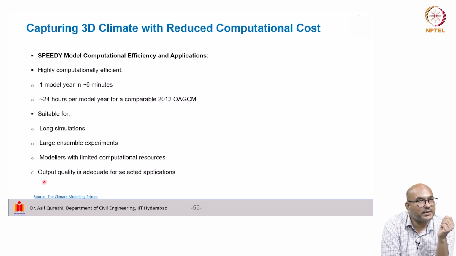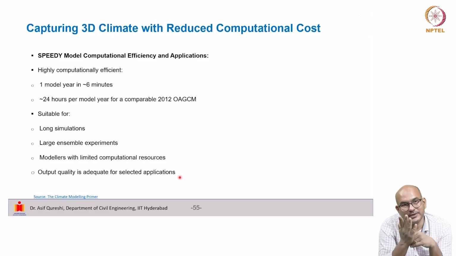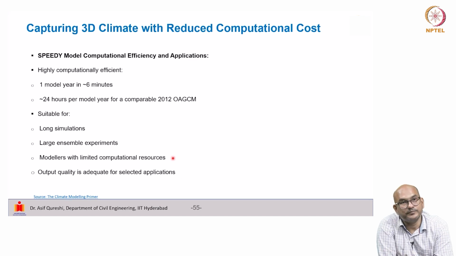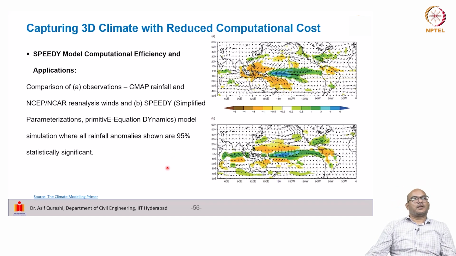The output quality is also not bad. It is actually adequate for many applications. Of course, when we are looking at cloud microphysics, maybe this will not be suitable, but when we are looking at longer term changes, the output is actually okay. All the time we do not need to go with the most complex model just because it includes all equations. We can make this judgment depending on the process and also depending on the computational resources available to us.